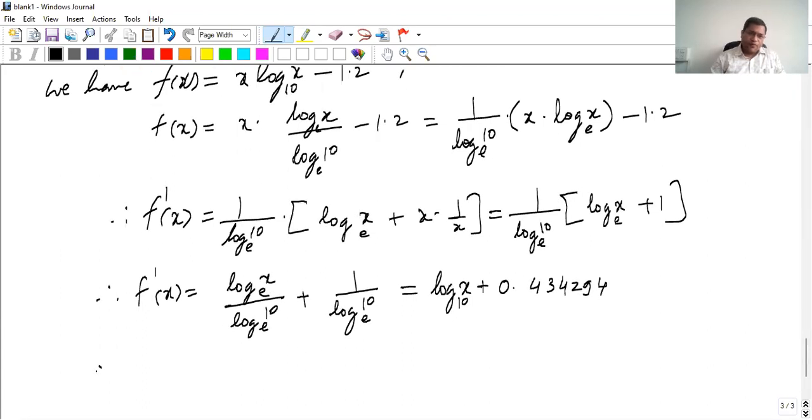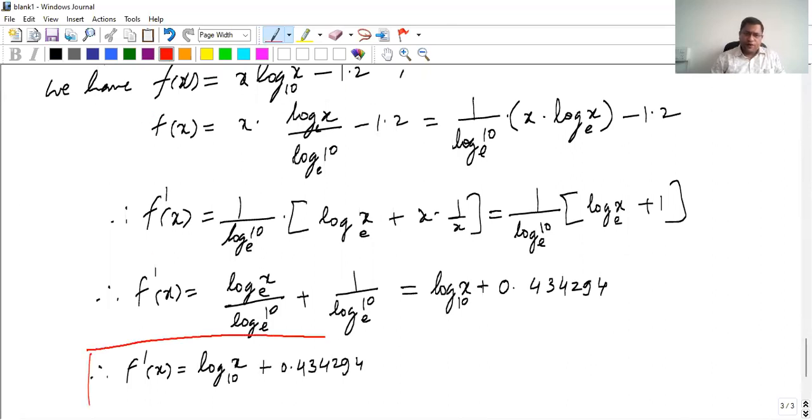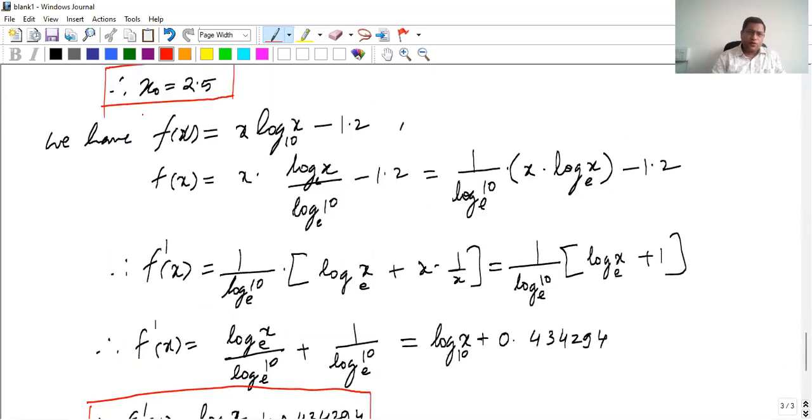So we got here f dash of x is equal to log of x to the base 10 plus 0.434294. We have f of x already, and we got f dash of x. So we are able to use the Newton-Raphson method now. We have f of x, we have f dash of x, and we know the approximate root also.